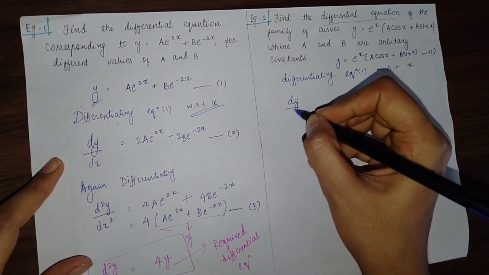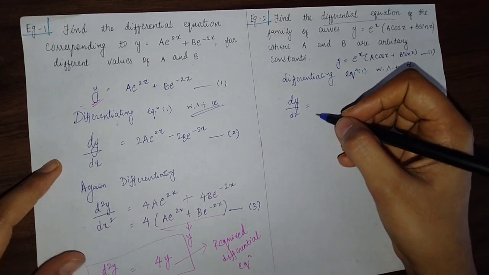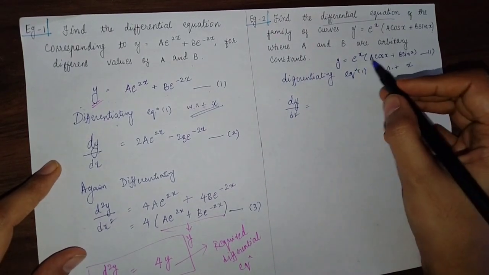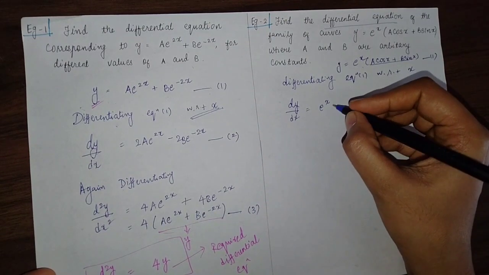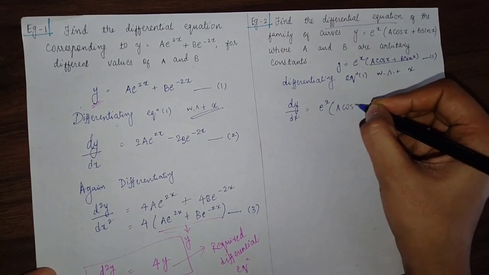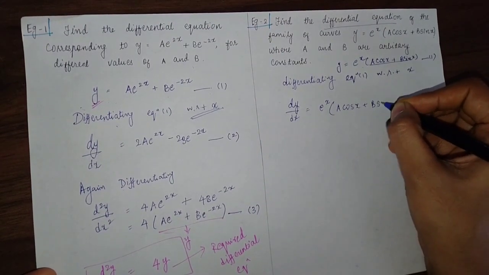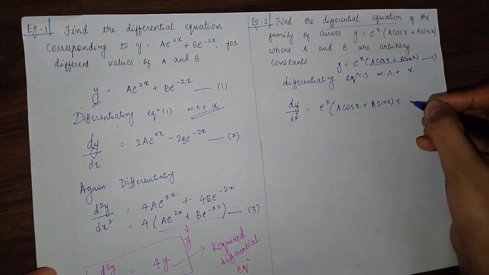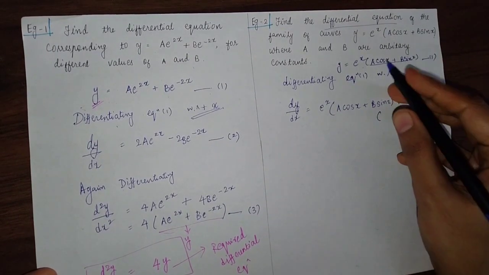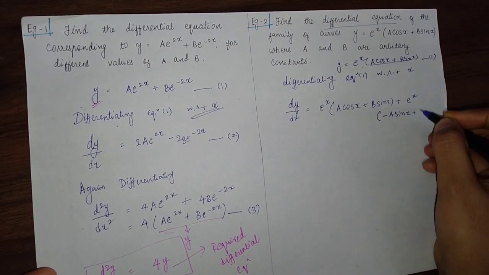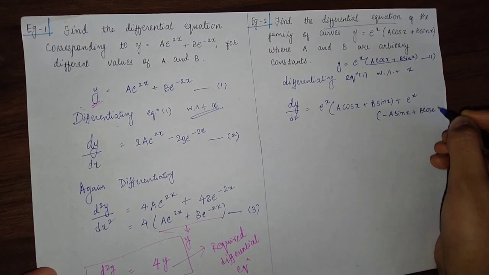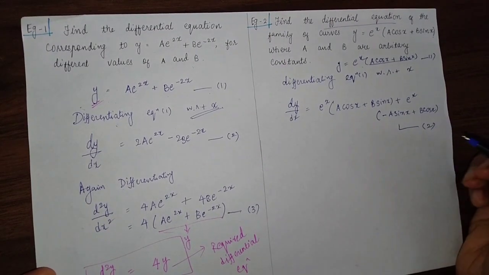Dy by dx is equal to, here we have to apply the multiplication rule of differentiation. So what will I get? e raised to x into a cos x plus b sin x, plus e raised to x into the differentiation, minus a sin x plus b cos x. So this is our equation number 2.